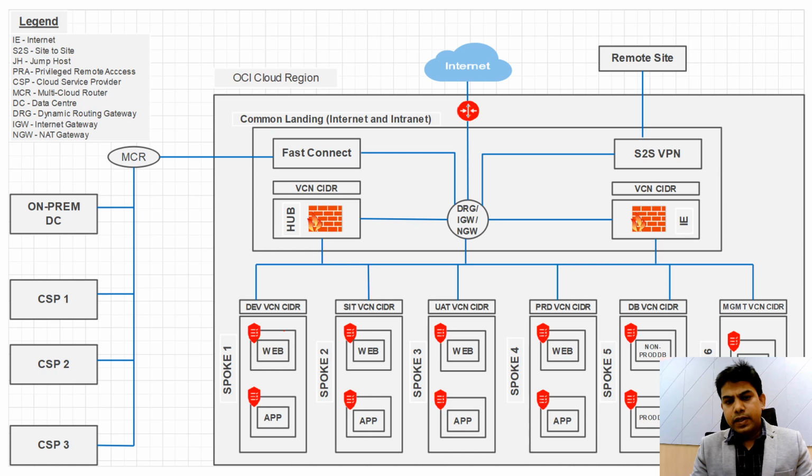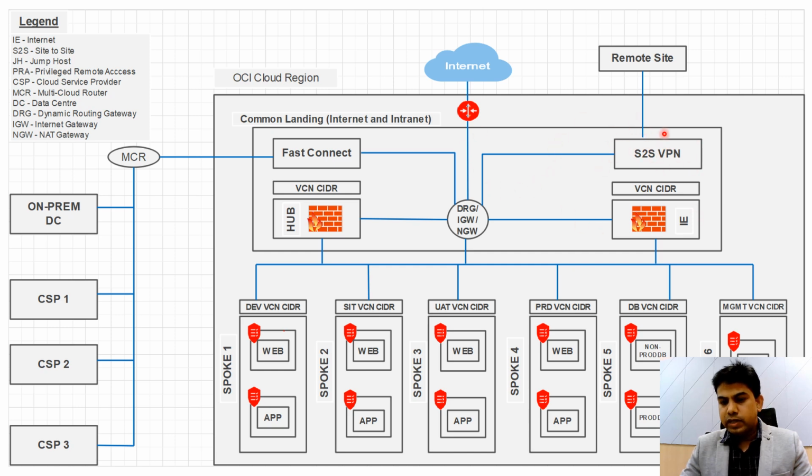So this is a network architecture in the OCI cloud region. There are multiple VCNs. On the top, this is a hub VCN. Below, it's all spoke VCNs. In the hub VCN, there are different components. There is a separate firewall for intranet and a separate one for the internet. In terms of connectivity, different solutions can be used.